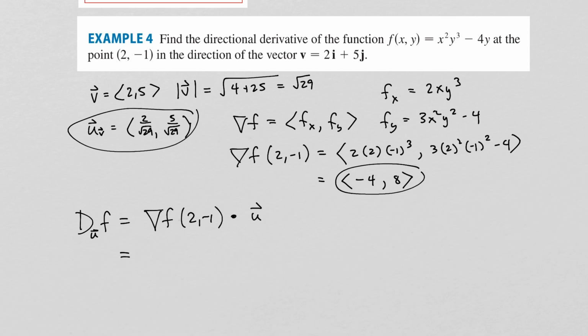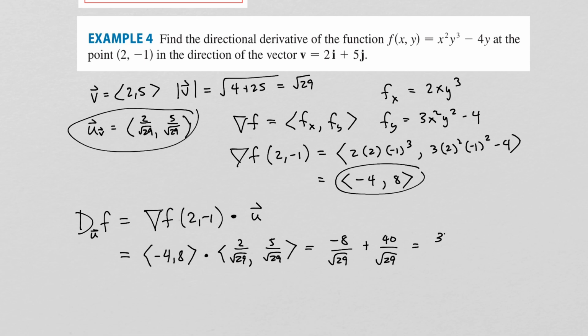And in this case, that is the vector (-4, 8) dot product with (2 over radical 29, 5 over radical 29). And when we do that dot product, we get negative 8 over radical 29 plus 40 over radical 29, and this is 32 over the square root of 29.